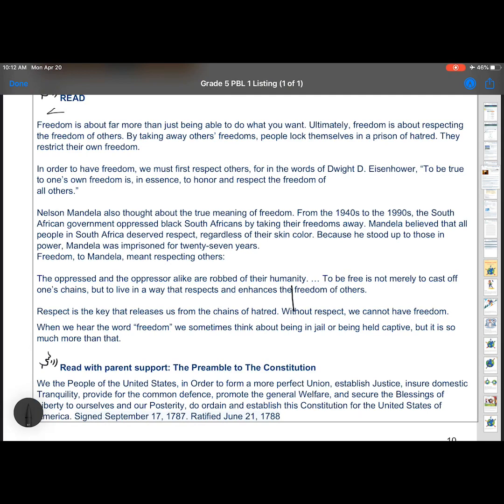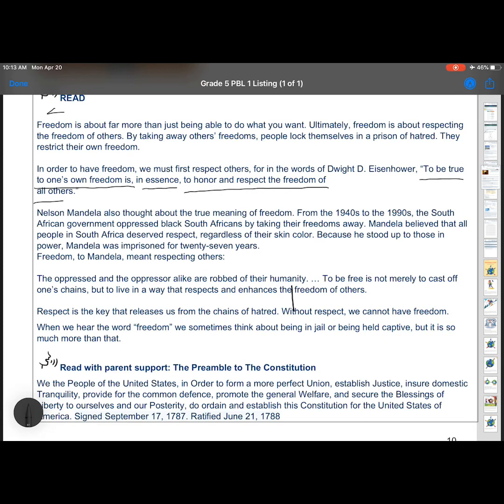For in the words of Dwight D. Eisenhower, here's a quote: to be true to one's own freedom is, in essence, to honor and respect the freedom of others.